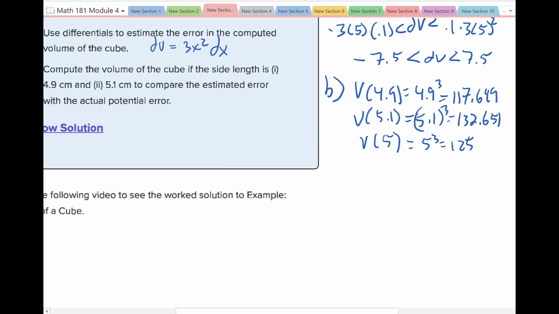So in looking at delta V, we have two calculations. The low end was that 4.9, so it would be 117.649 minus the 125 is less than or equal to delta V, less than or equal to the bigger value, 132.651 minus 125.